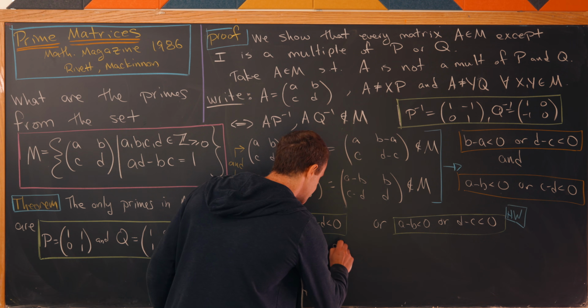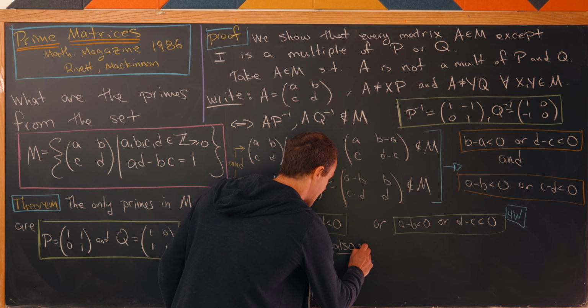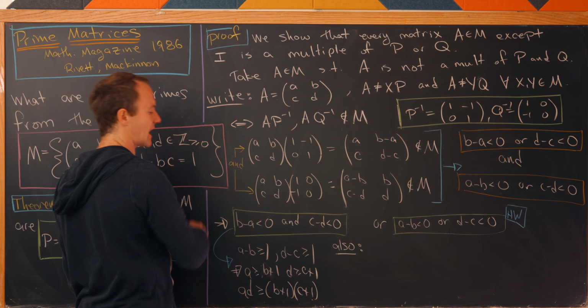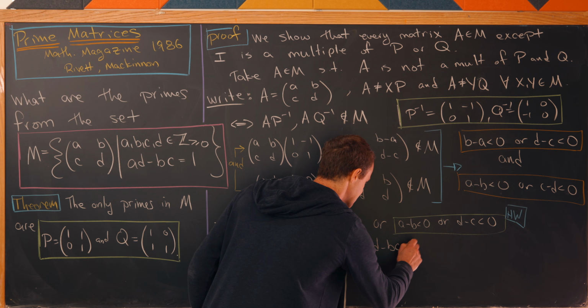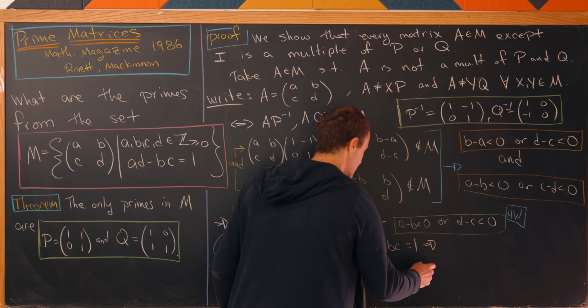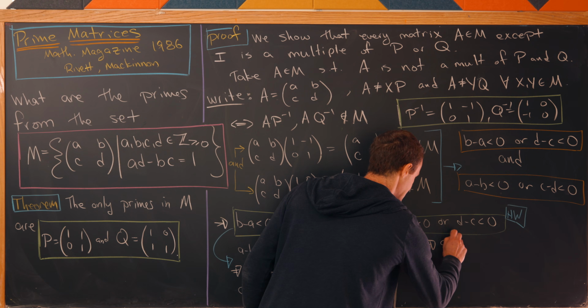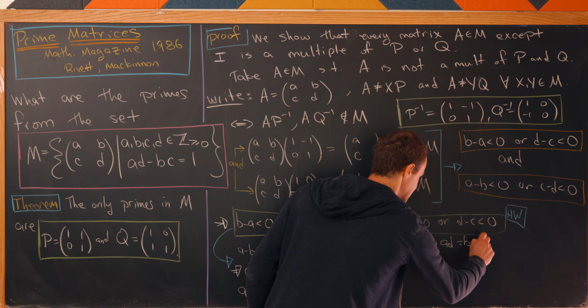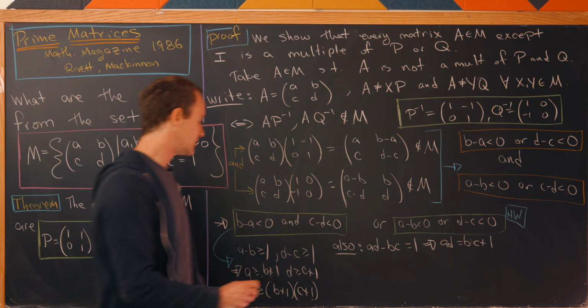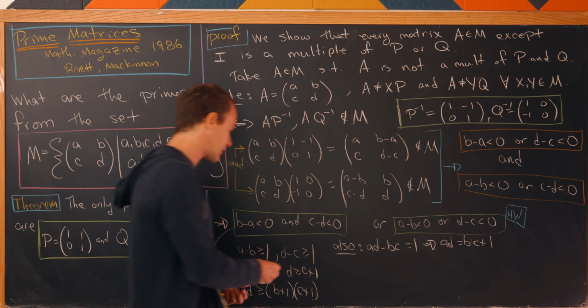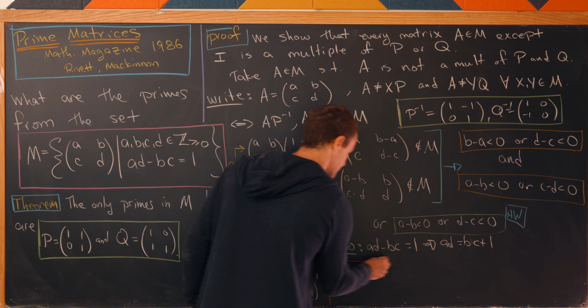But then also, we know that our original matrix up here had determinant 1, which means that AD minus BC is in fact equal to 1, which can be used to write AD as BC plus 1. Okay, so now let's put these two little pieces of information together.